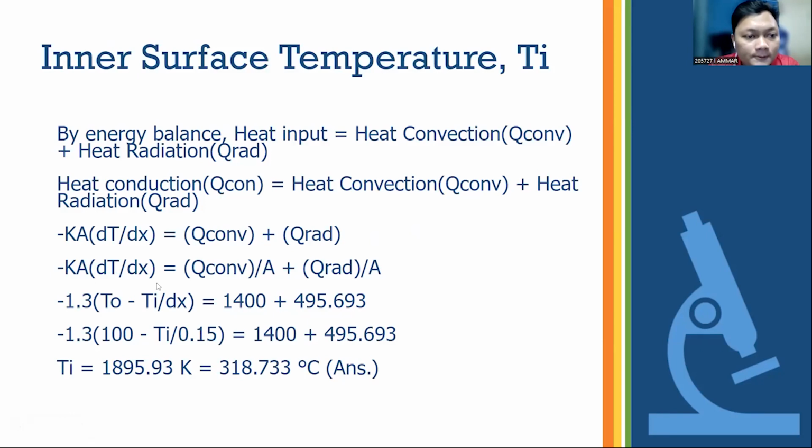Next is the inner surface temperature, Ti. By energy balance, heat input is equal to heat convection plus heat radiation. From the above, we already have the heat convection and the heat radiation, so we can insert both values in the formula. Because we need to find per unit area, we use the convection per unit area and radiation per unit area.